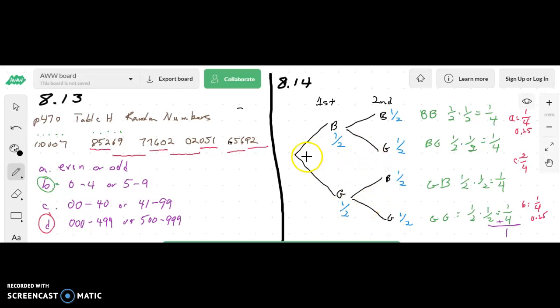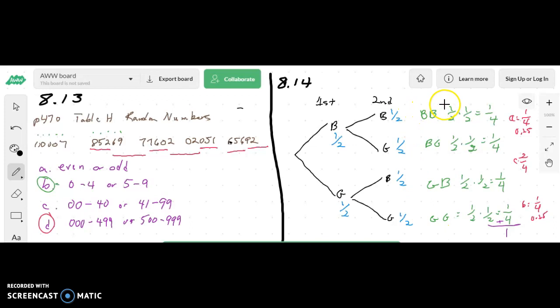And what this does is, if we follow each of these different paths, it gives us the 4 possible outcomes here. Meaning, we could have a boy and a boy, or a boy and a girl, or a girl then a boy, or a girl and a girl. So we have a sample space here of 4 different possible outcomes.